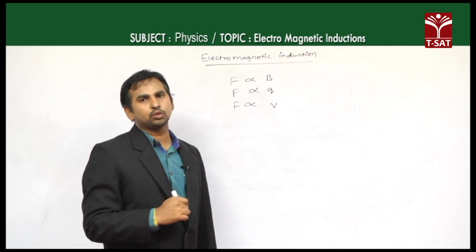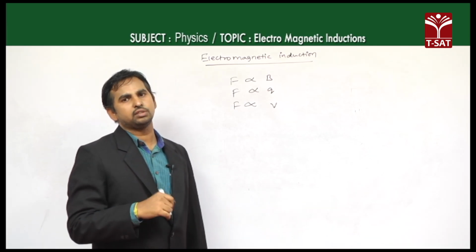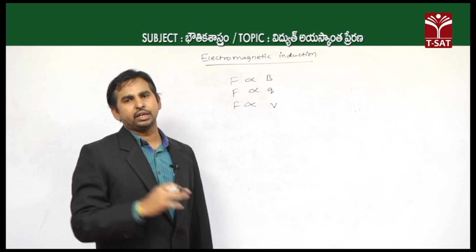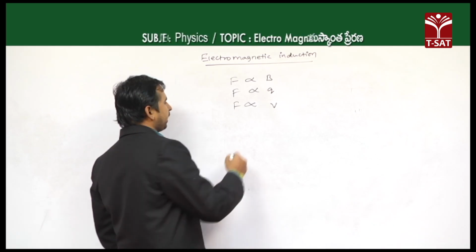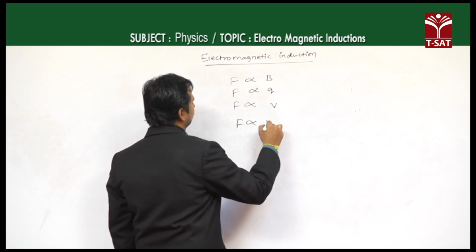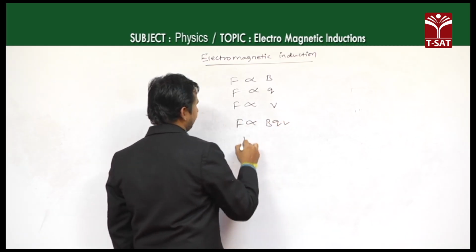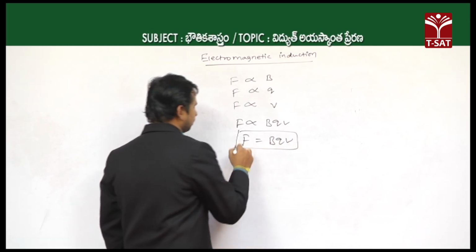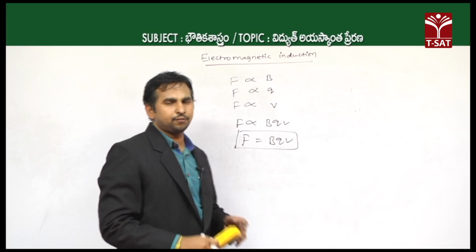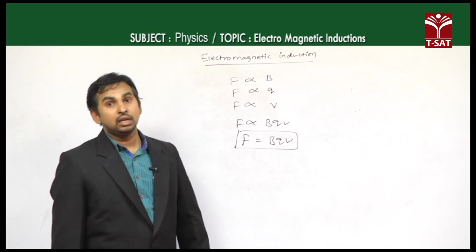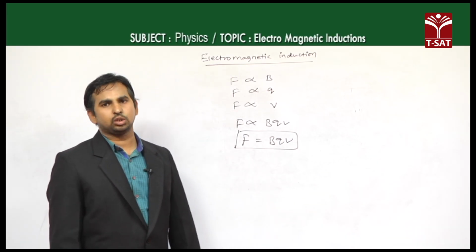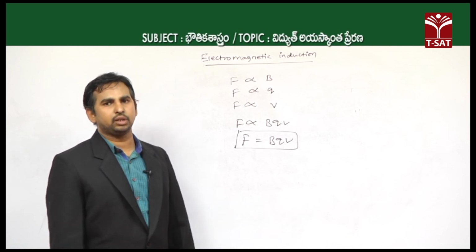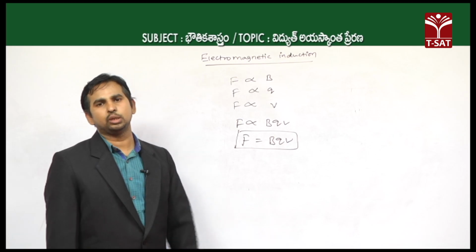Like this, the magnetic force acting on a charge exposed inside a magnetic field is directly proportional to B, Q and V, which is F is equal to BQV, if you take the constant as unity. So when you take an electric charge inside a uniform magnetic field, it applies some force on this charge.